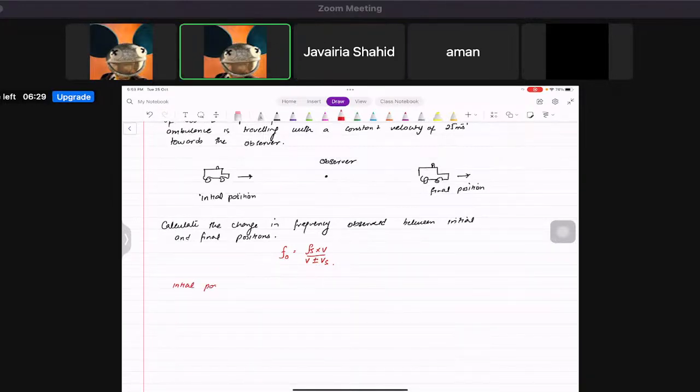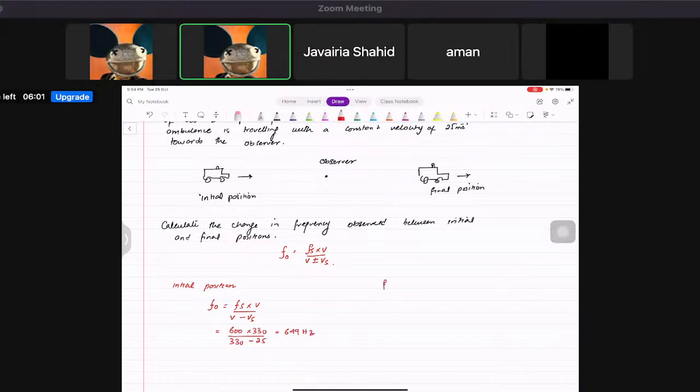So initial position has to be F naught equals Fs times V over V minus Vs because it's moving towards it. So you guys must have gotten 600 times 330 divided by 330 minus 25, and that would be 649 Hertz, I believe.